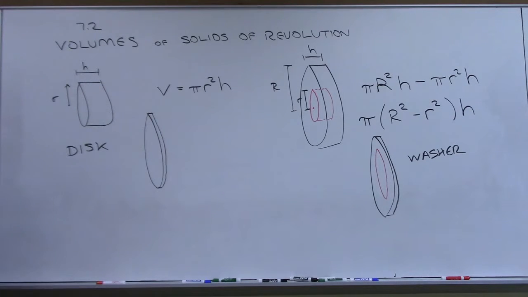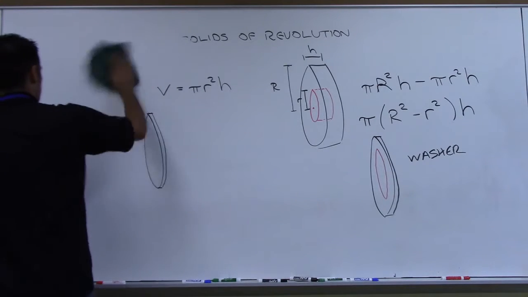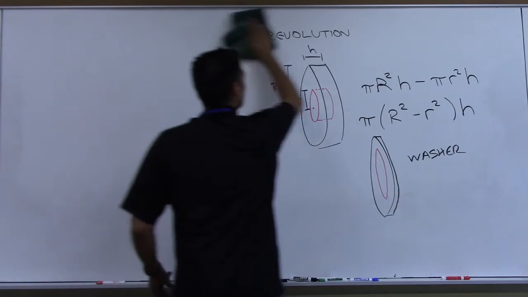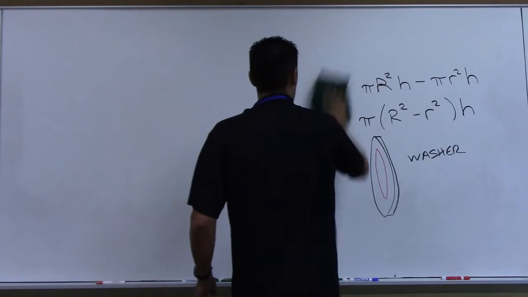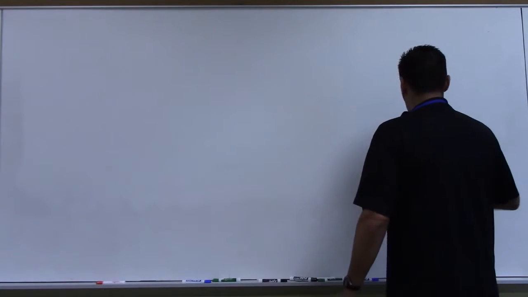Let's figure out how we're going to find these volumes of solids of revolution. Let's take a very basic function, or let's say two functions.